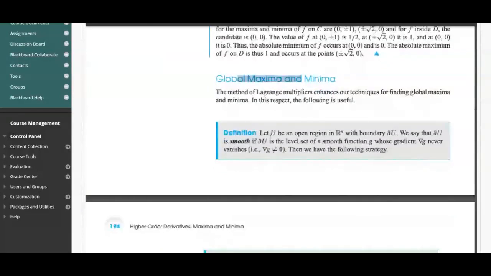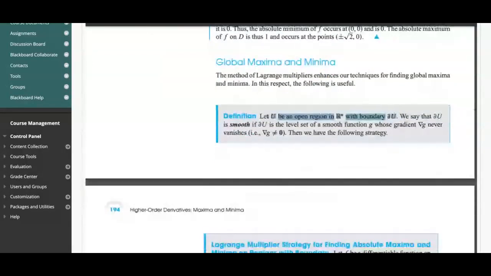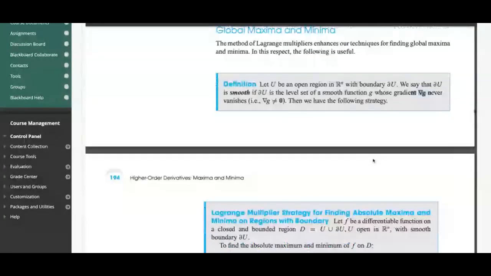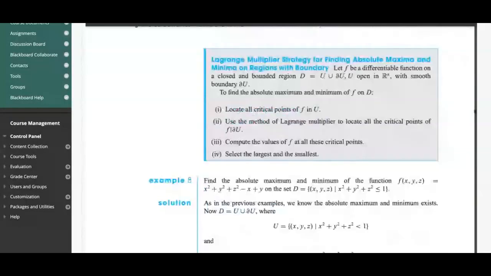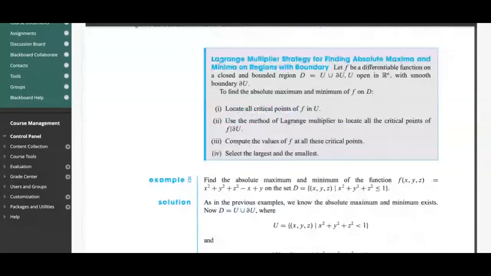Global max and minimum. So for the boundary, we said the boundary is smooth. If the boundary is a level set of a smooth function with gradient, okay, it's not so important for us. Let's see this: the Lagrange multiplier strategy for finding absolute extrema with boundary, which we showed, right?